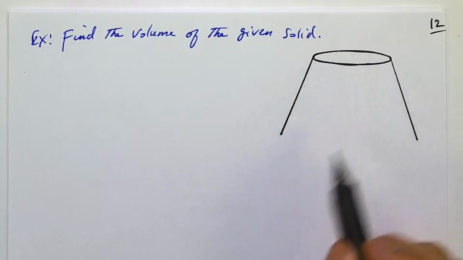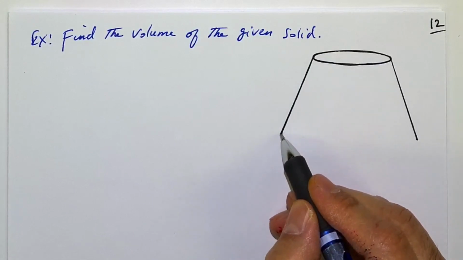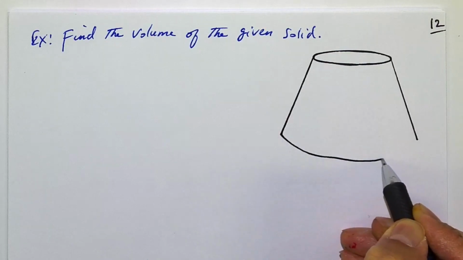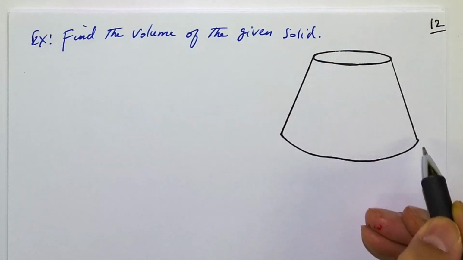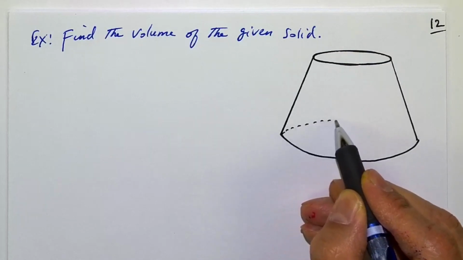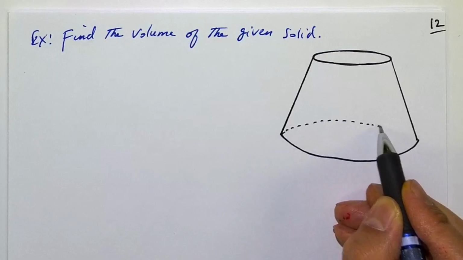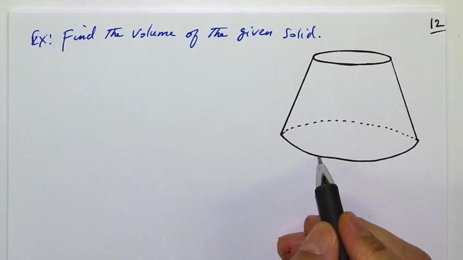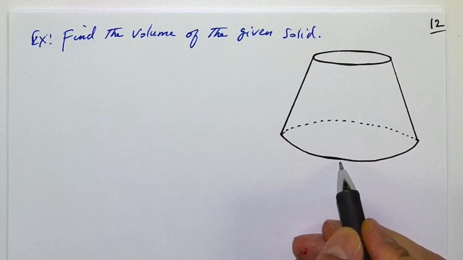It's a circle on top, and a circle on the bottom, like that. Then I'll give it a little bit of depth to make it look like the solid that it is, and this is just a circle at the bottom as well as the top.